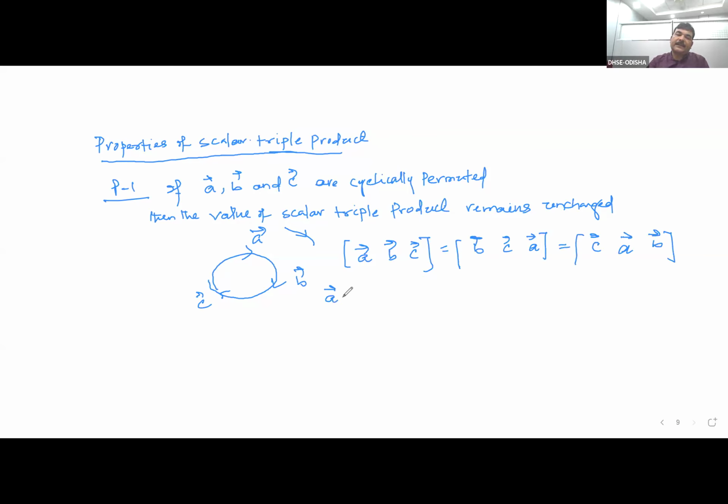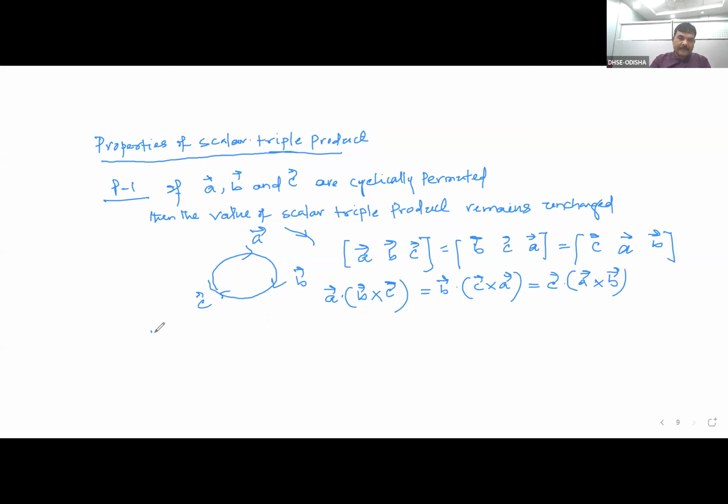That is, A dot B cross C is equal to B dot C cross A, which equals C dot A cross B.